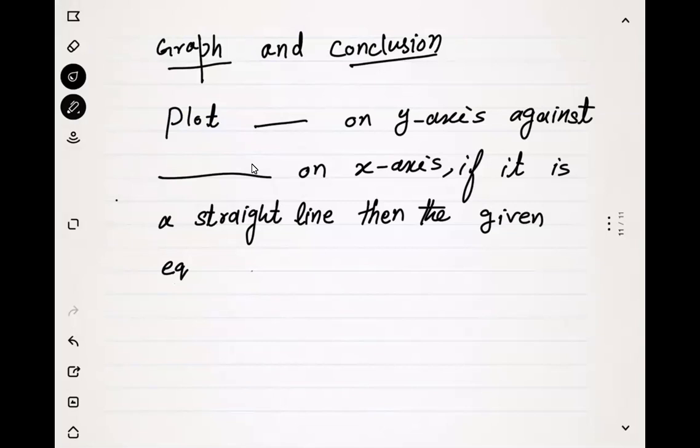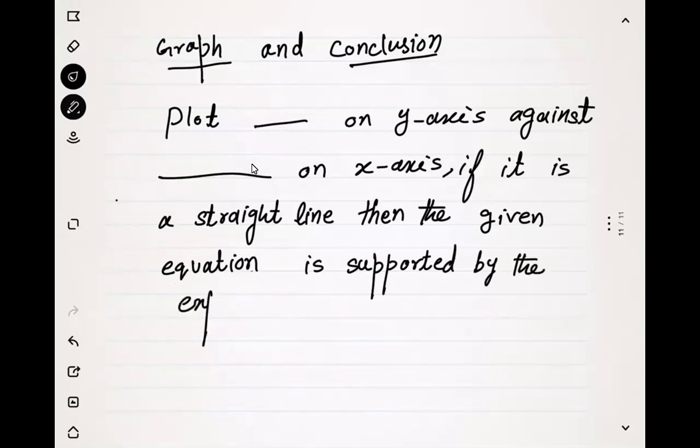So plot dash on y-axis against dash on x-axis. If it is a straight line, then the given equation is supported by the experimental results. Never say the given relation is correct or incorrect.